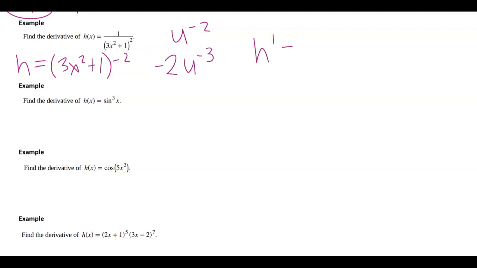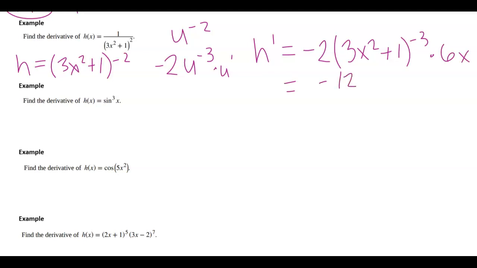Therefore, h prime must be negative 2 times that inside g function to the negative 3. And then I need to multiply by the derivative of the inside, so times 6x. That means I would have negative 12x in my numerator and 3x squared plus 1 cubed in my denominator.